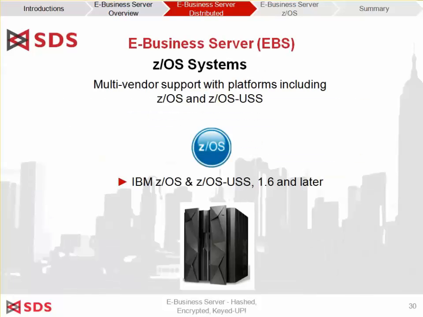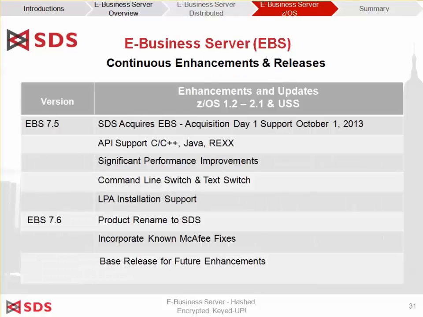Our multi-vendor support for eBusiness Server also includes z/OS and z/OS USS 1.6 and later. SDS acquired all platforms for EBS in 2013. Day 1 support on October 1st for z/OS was for version 7.5. We quickly provided necessary support for API languages C, C++, Java, and REXX.